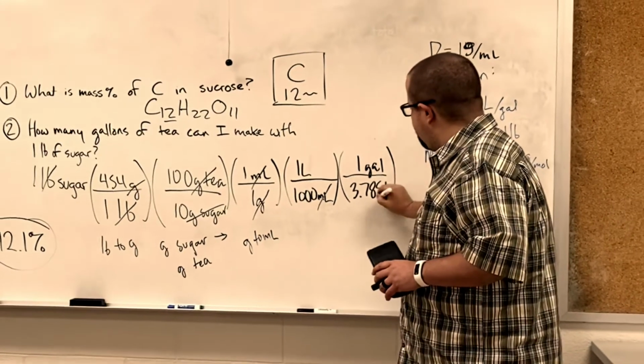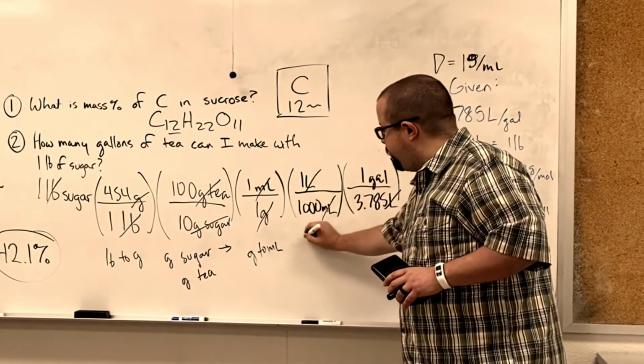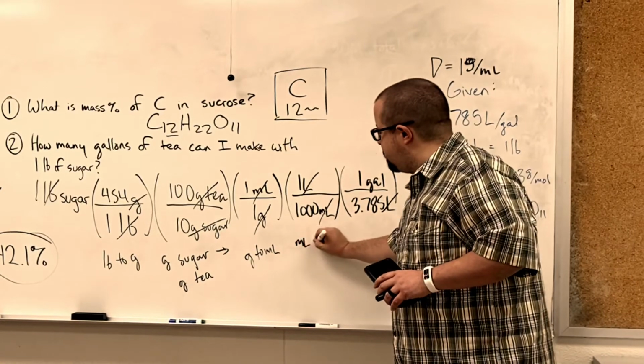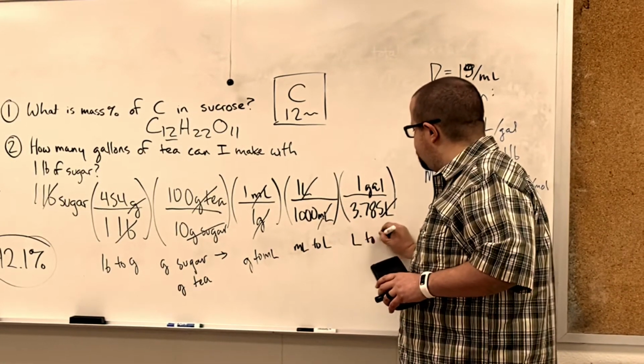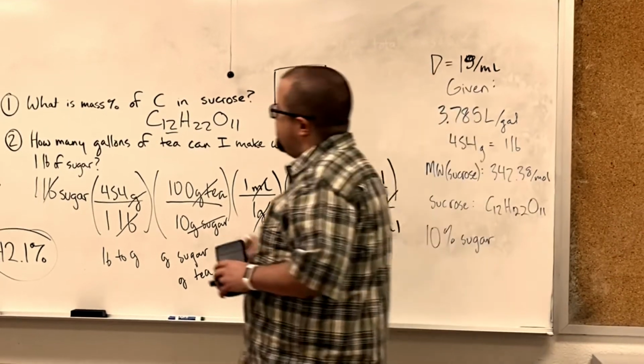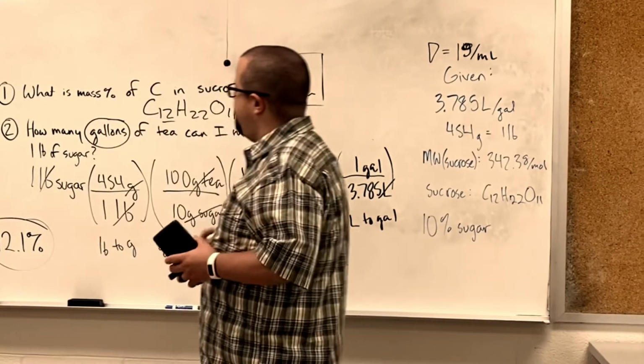Okay, liters cancel. These last two conversion factors, one took me from mils to liters. The next took me from liters to gallons. And the problem is asking for gallons of tea, so this should give me my final answer.